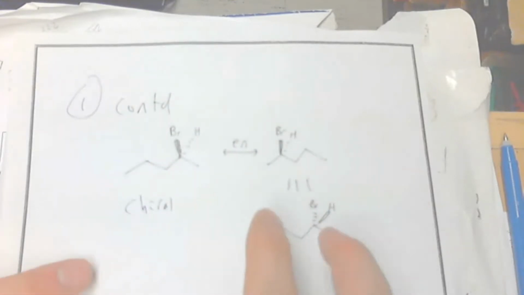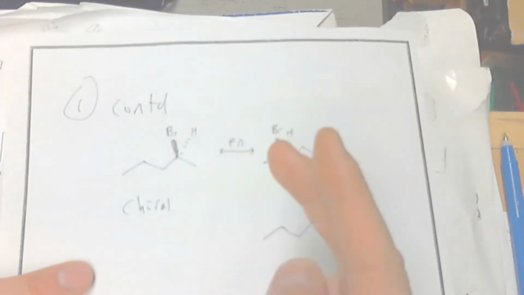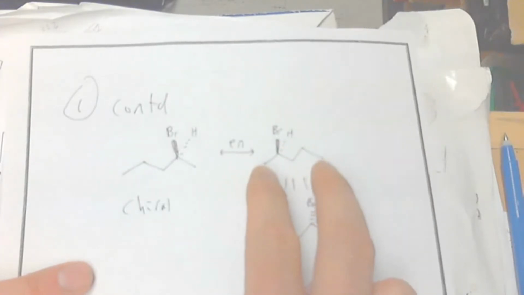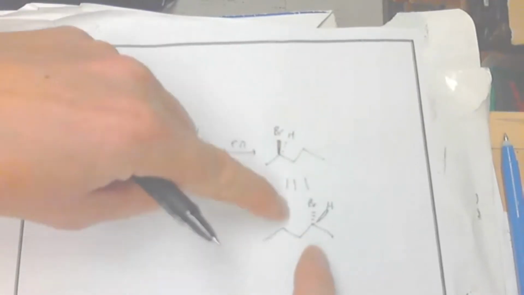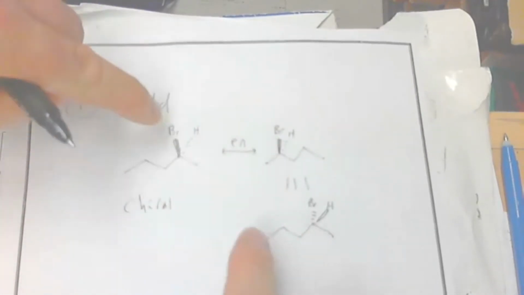Because what happens if I take this top one and flip it over? Oh, it's the same. Take it, lift it out, flop it over. Now the bromine will be going away. So these are 2 ways of representing the enantiomer, and of course, they are both the same molecule. And they are enantiomeric to this molecule, okay?